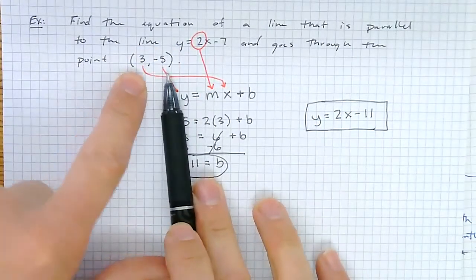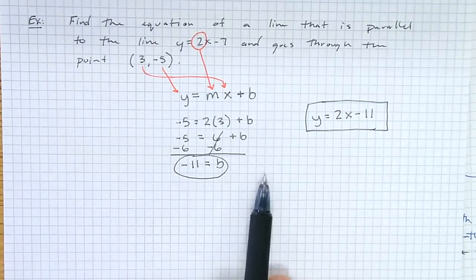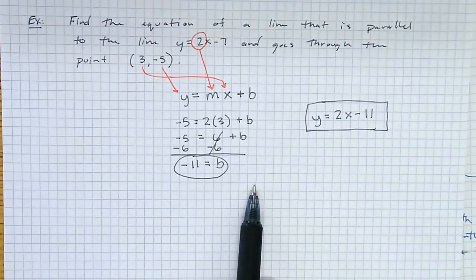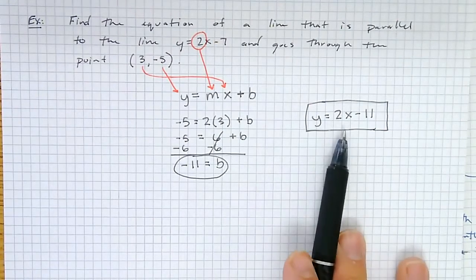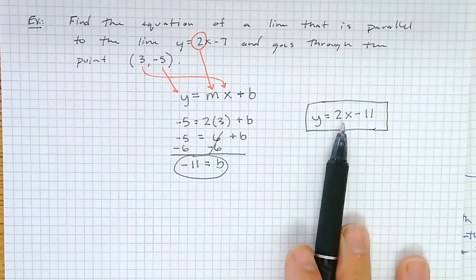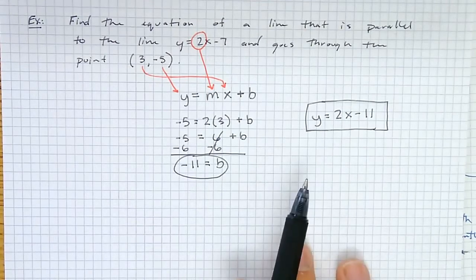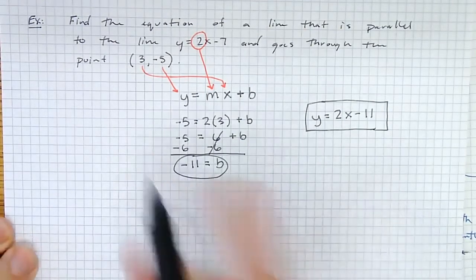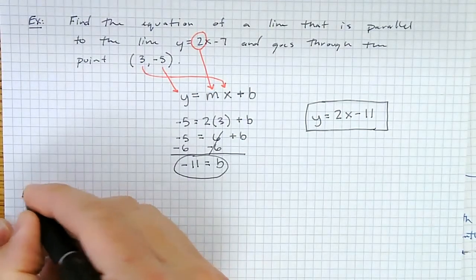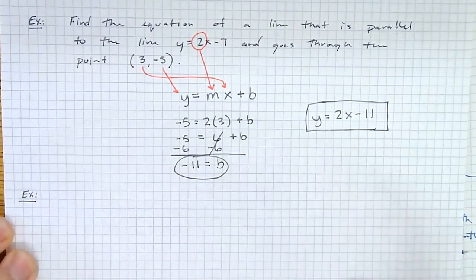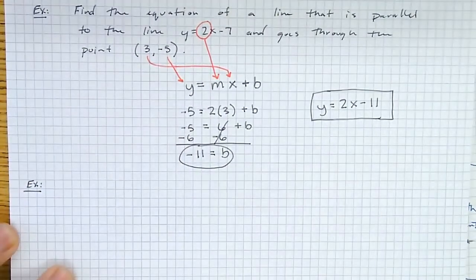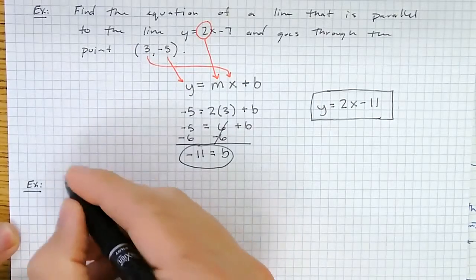And then we use these points to find the y-intercept. When they ask you to find a perpendicular equation, there's just kind of one extra step.